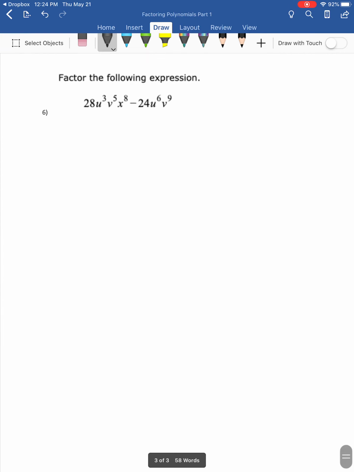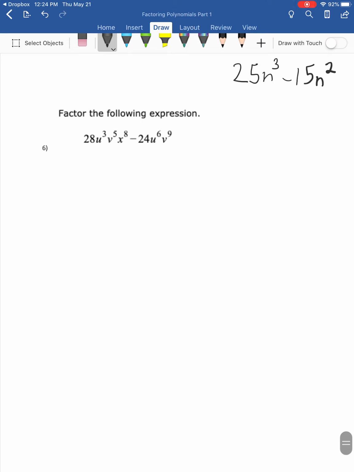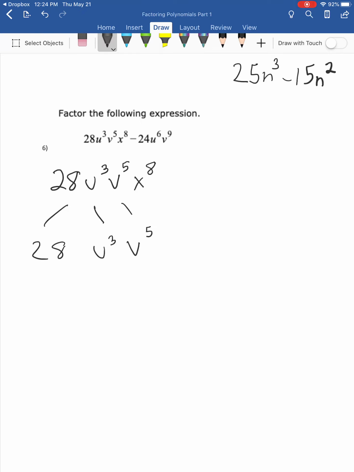All right, last one is we're going to do one with multiple variables, but it's same deal, really nothing different here. Okay, so let's make a factor tree for each term. So 28u cubed v to the 5th, x to the 8th.